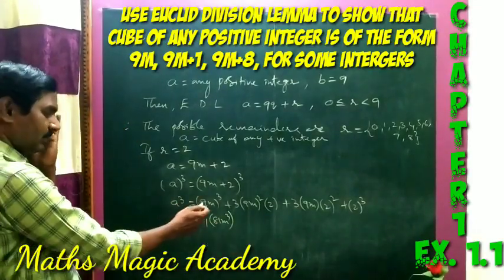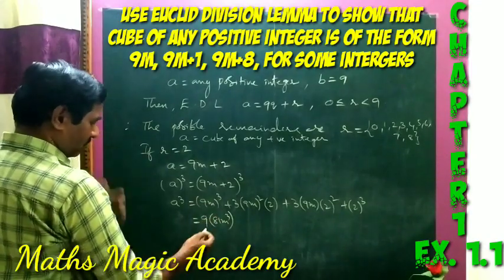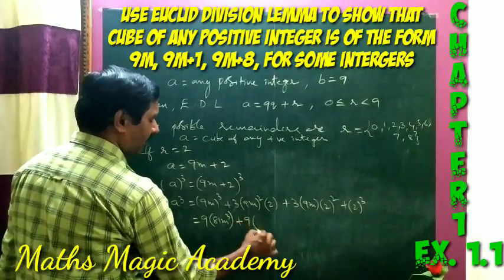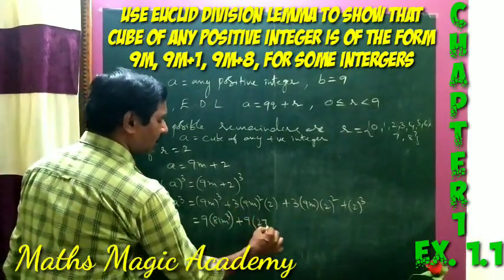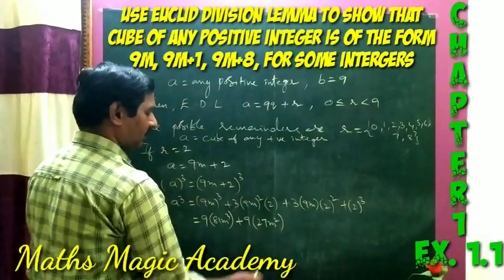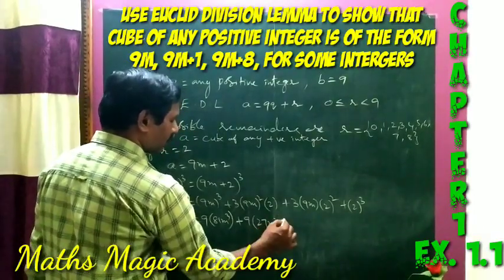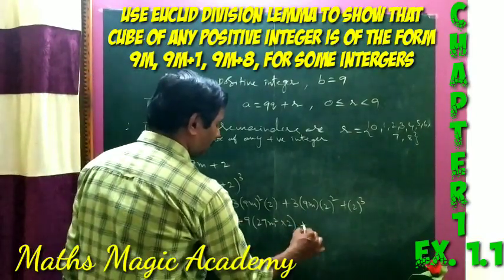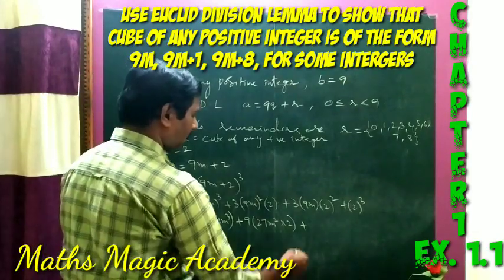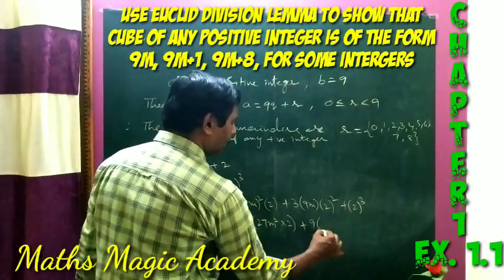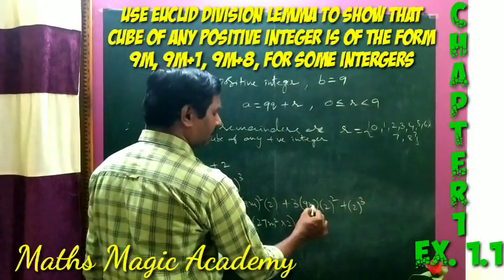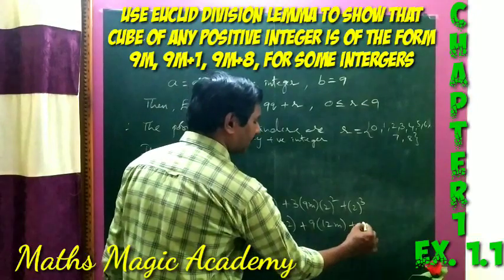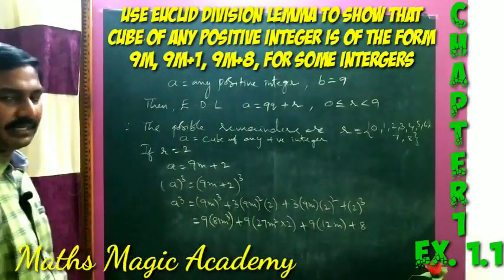So 9 cube is 9 into 9 into 9, one 9 we take common and the remaining 81m cube. Plus here also 9 will be common, one more 9 is there, 9 threes are 27m square into 2, that means 54m square. Plus here 9 common, remaining 3 into 2 into 2, that is 12m, plus 2 cube, 8.